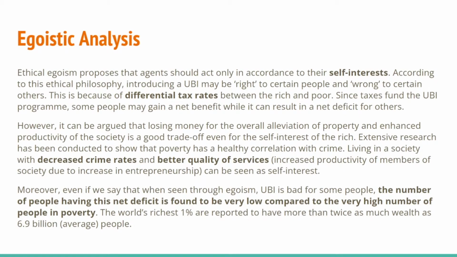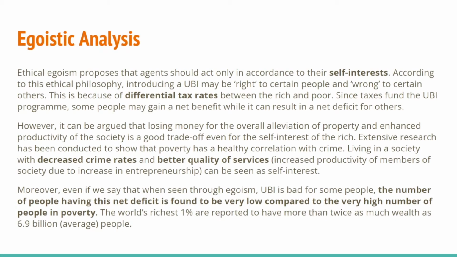Because of this growth, even the rich people benefit from decreasing crime rates and better quality of services. So you can even argue that for those rich people who lose money, the net trade-off is indeed positive, and therefore, egoistically too, they should support UBI. Moreover, even if we say that seen through egoism UBI is bad for some people, the number of people having this net deficit is very low compared to the very high number of people in poverty.